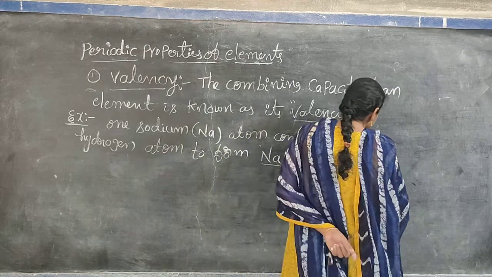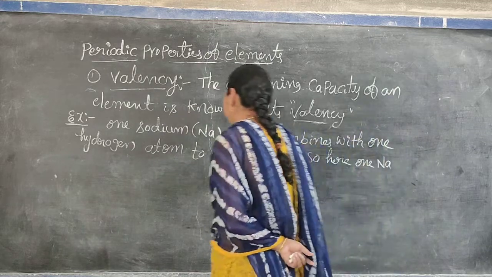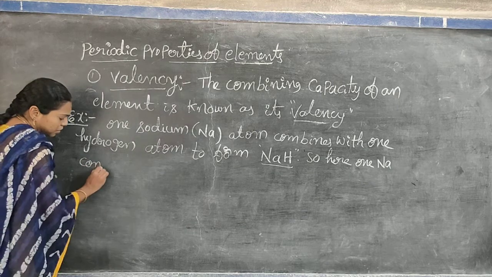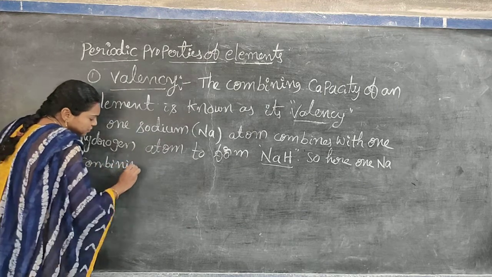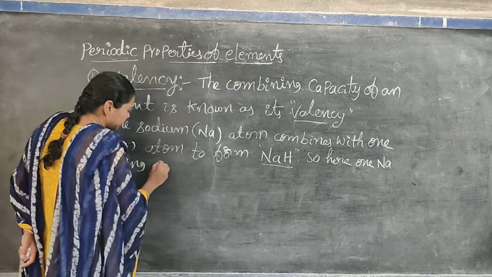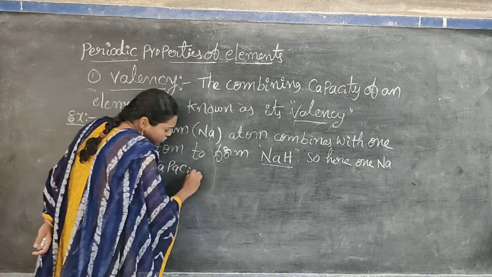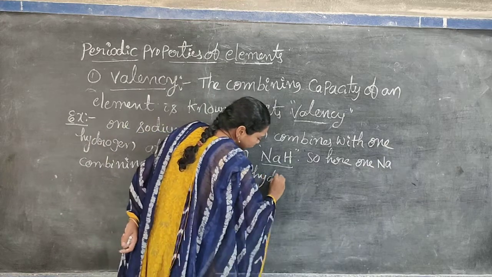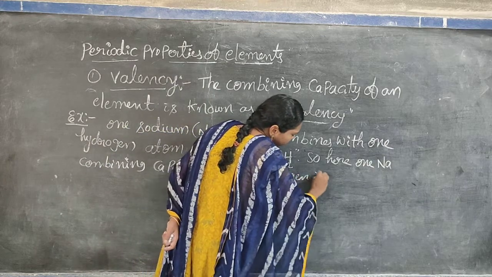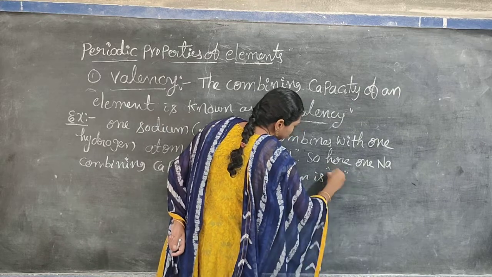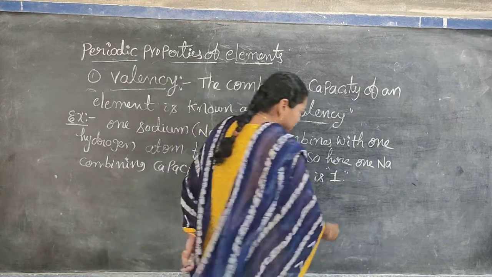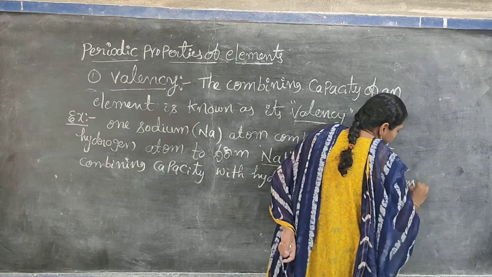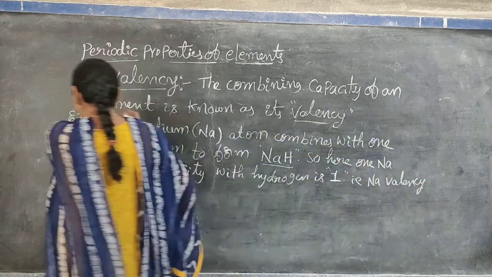One sodium's combining capacity with hydrogen is 1. That's why sodium valency is also 1.